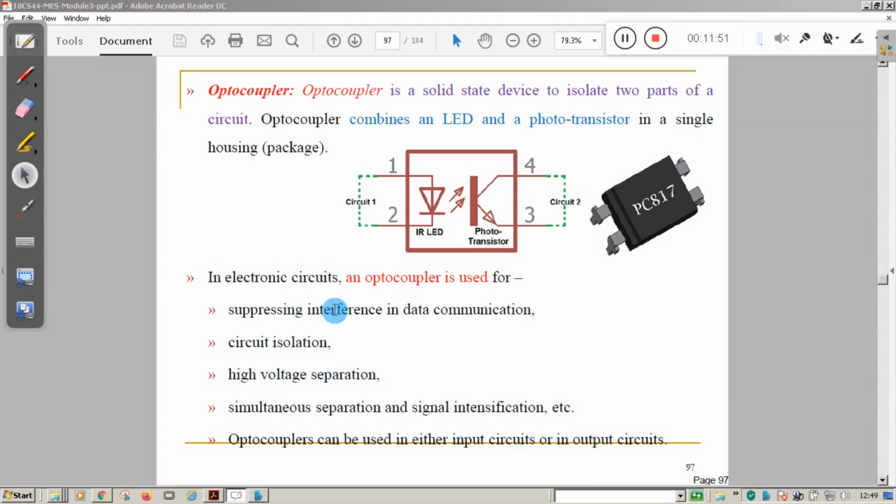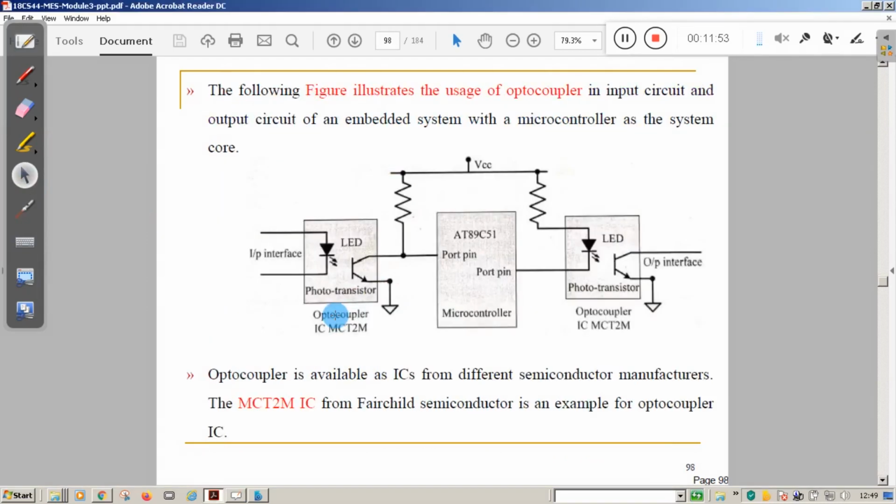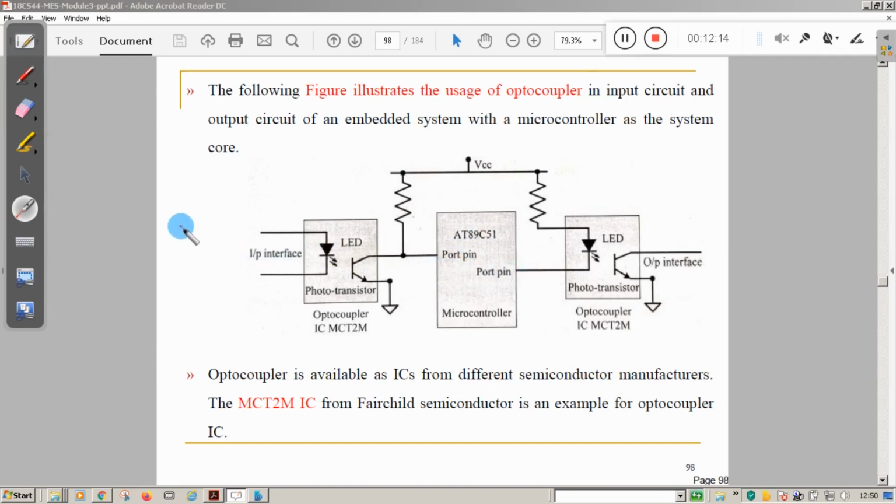Now we'll see one circuit diagram here. In the circuit diagram, this is the microcontroller and this is the optocoupler. We are using the microcontroller AT89C51. These are the port pins of the microcontroller which are connected to the optocoupler on both ends. Input circuits are connected to the optocoupler and the output circuit is also connected to the optocoupler.